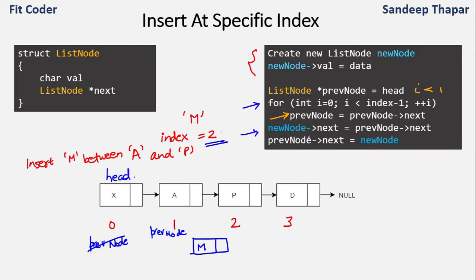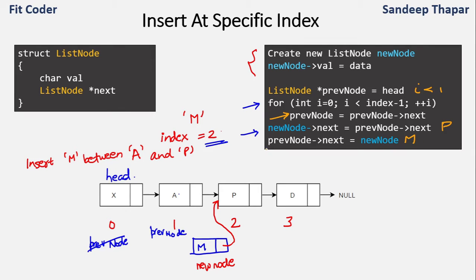So now we want to point new node next equal to previous node next. So previous node is A. So previous node next is P. So we have pointed new node next equal to P. So basically we have joined this link. So this is new node. So new node next points to P. And then we do previous node next points to new node.